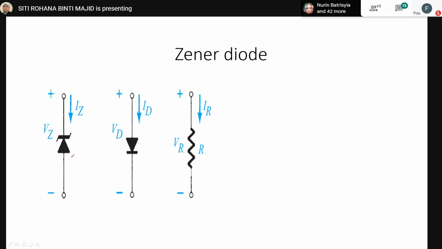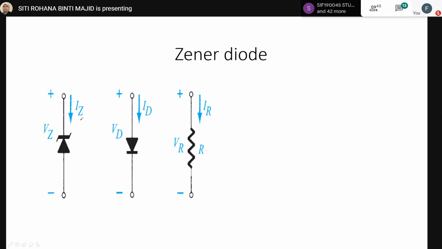So the Zener still can conduct electricity in the forward direction like a normal diode, but it can also conduct in the reverse direction, on the condition that the applied voltage is reversed and larger than the Zener breakdown voltage, as I discussed in the previous slide.